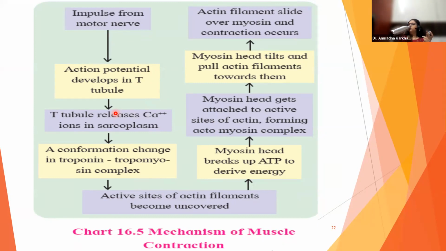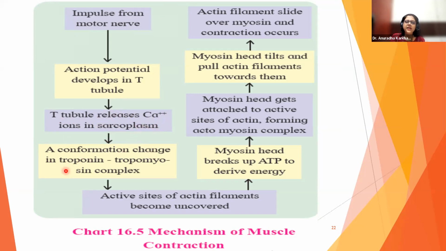What is it? नीचे के सेंटेंस से तुम्हें आंसर आना चाहिए. Yes, you are right, बेटा. T tubule releases calcium ions in sarcoplasm. It is nothing but a part of your sarcoplasmic reticulum. Okay. It will release calcium ions in the sarcoplasm.